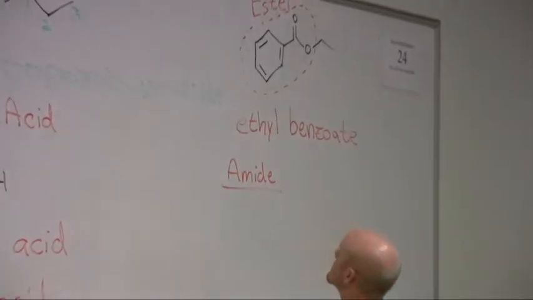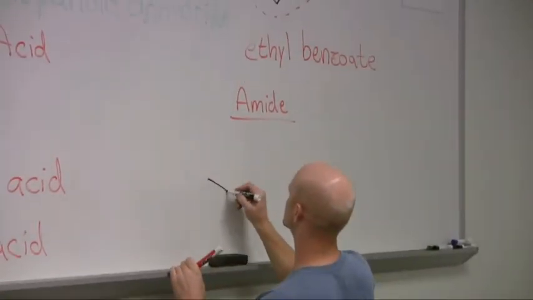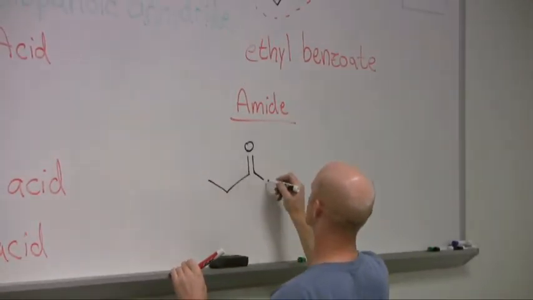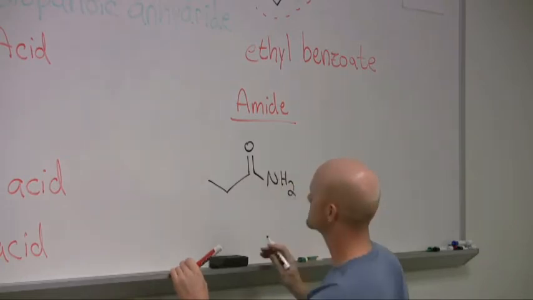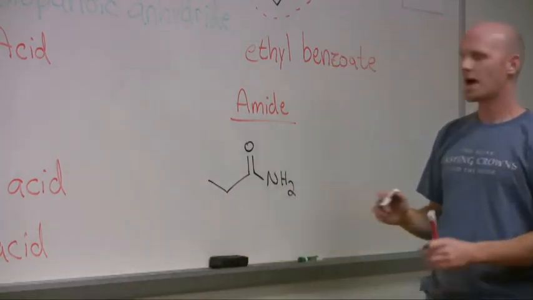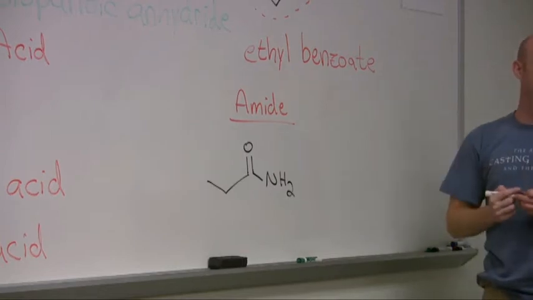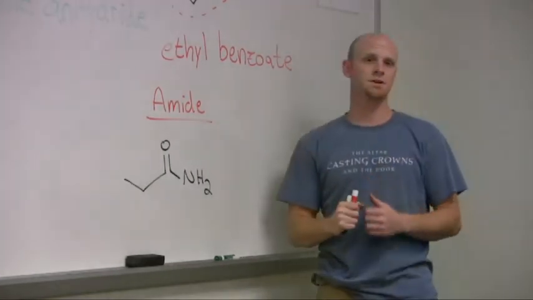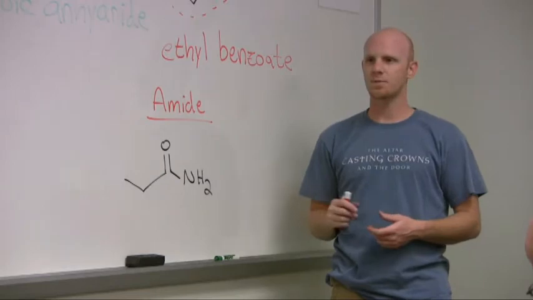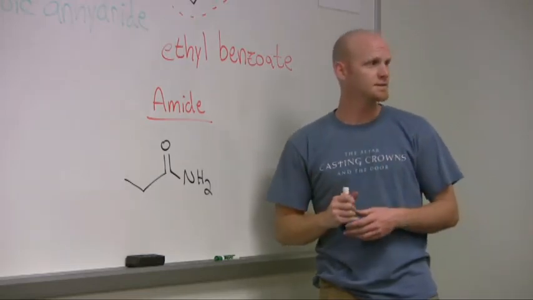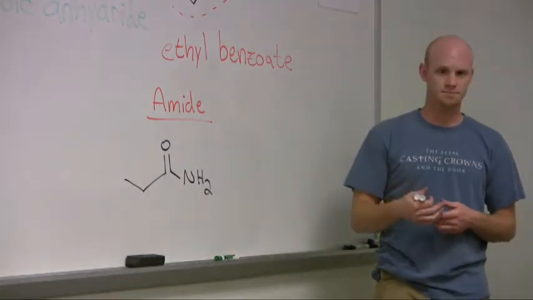Look at an amide. So amides are similar to amines. With amines, we learned the suffix is just amine for the main chain. Amides, same way. The suffix is just amide. So how do I name this thing?